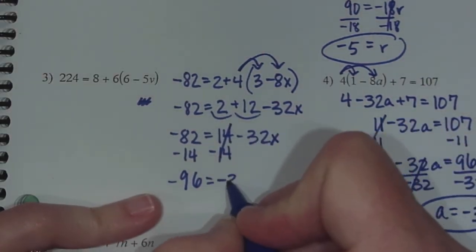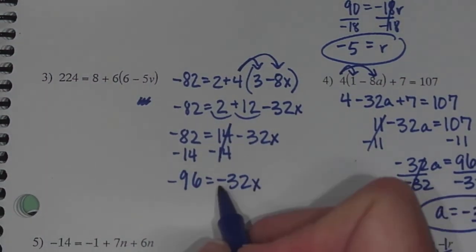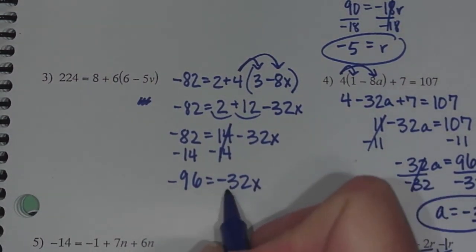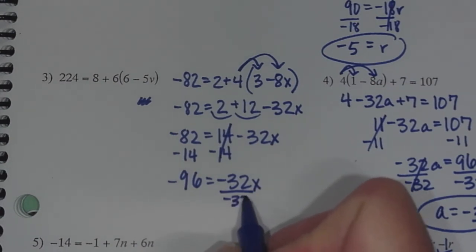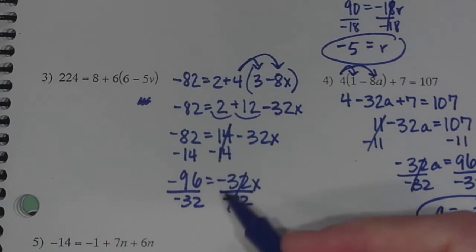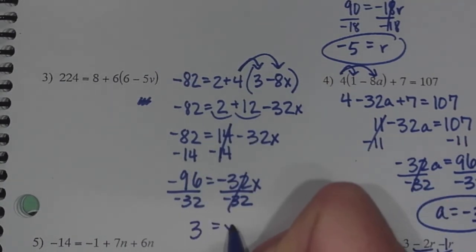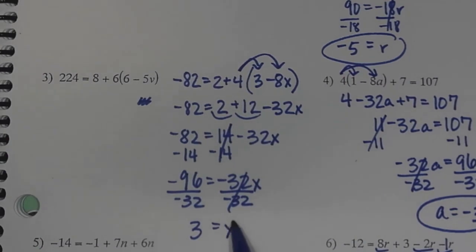Equals negative 32x. And now we just have to solve it. So these are being multiplied. We're going to take it apart by doing the opposite of multiplication, which is division. Those go away. And this is going to give us 3 is equal to x. And that's all we've got to do.